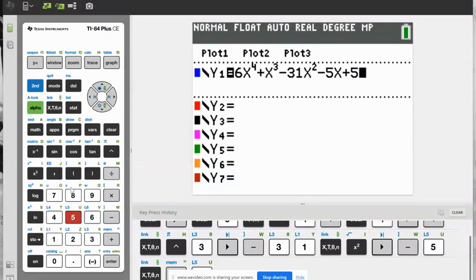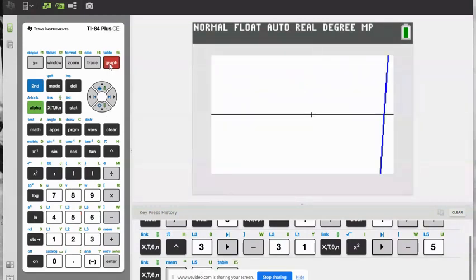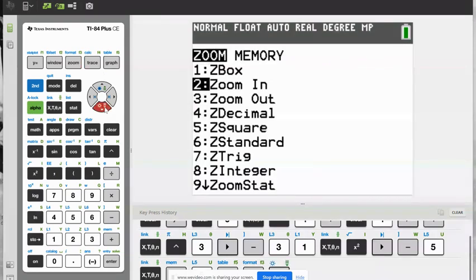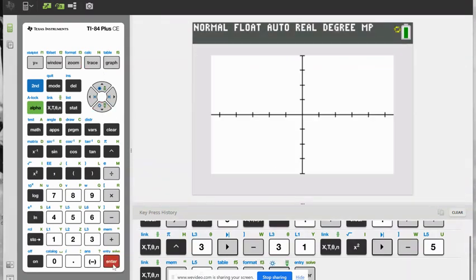We ready? Let's hit our graph. Oop. Oh wait, I had it already zoomed in. Does anybody remember how to get it to our standard graph if I already have it zoomed in? Zoom, standard, enter. Good. Zoom and then zoom standard and enter.